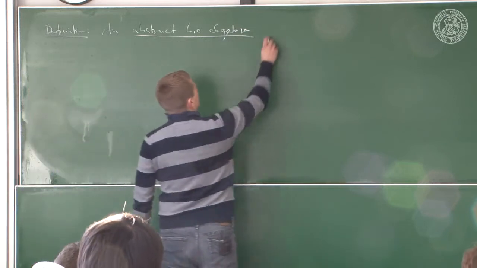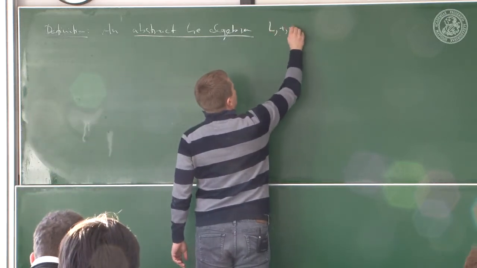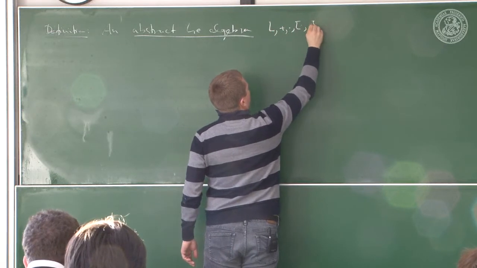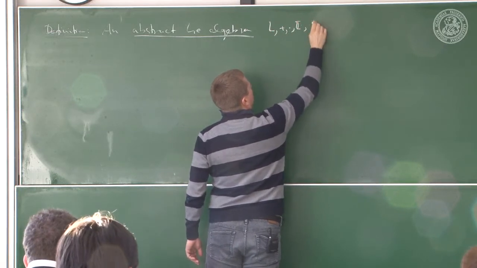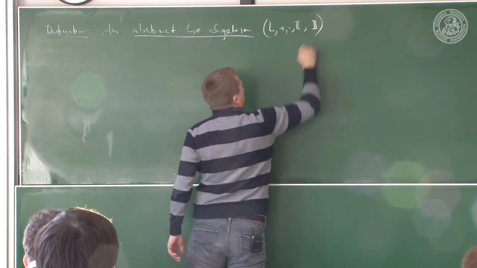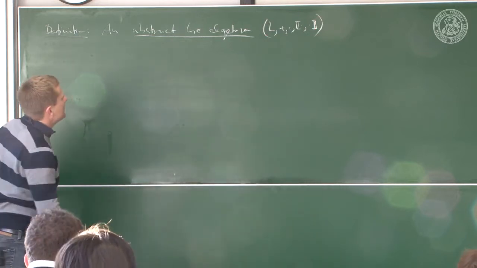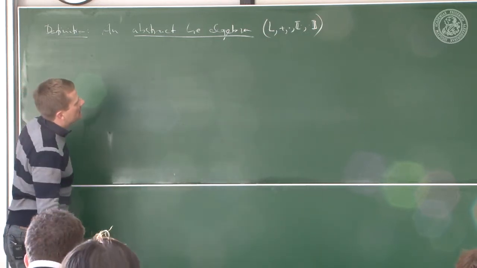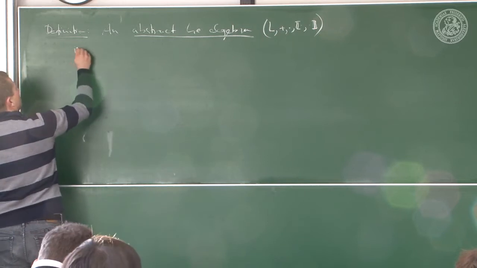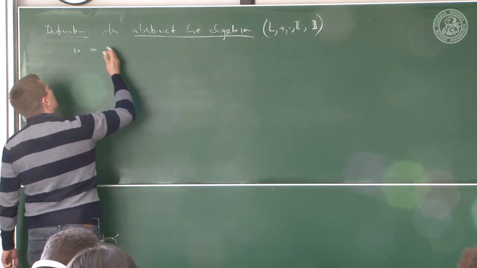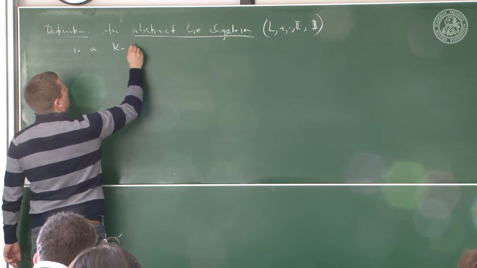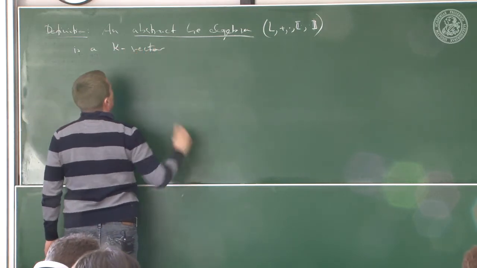An abstract Lie algebra, L plus scalar multiplication, and let me write another bracket than we used so far, a double bracket, is a K vector space. It doesn't matter whether it's real or complex.